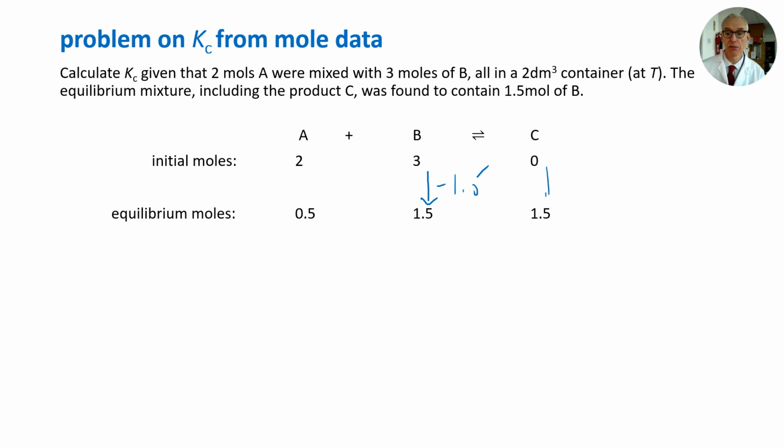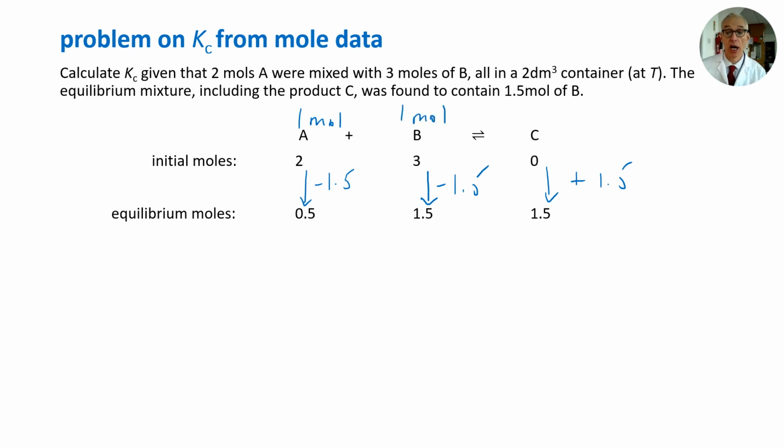That means C must have increased by 1.5. If B goes down, C must go up. It's the product of the reaction of B. And it's a 1:1 ratio. And A must also have gone down by 1.5. It's a 1:1 ratio between A and B.